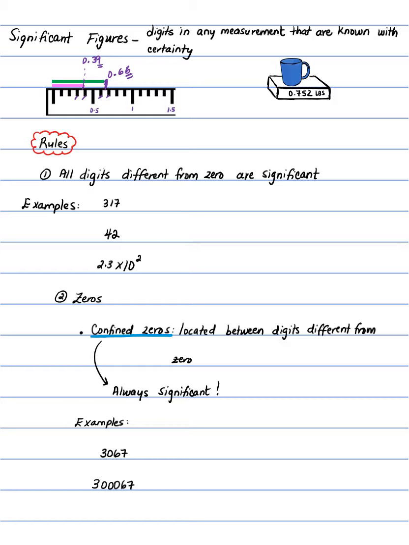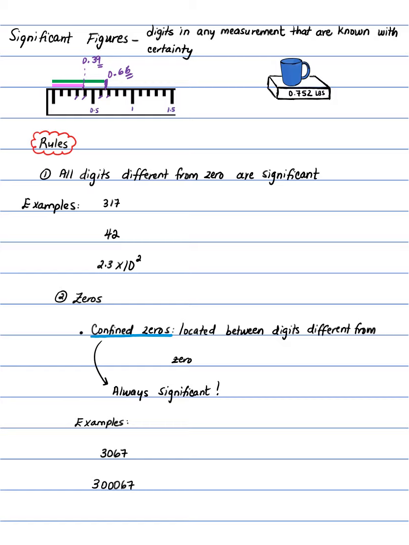My last digit right there, 0.752, the last one is the one that carries the error in that measurement. But for both examples, on the first one, both numbers are significant. The 0.39, those two digits are significant. 0.66, those two digits are significant. When we look at the measurement on the right side for the mass balance, we have a 0 and then we have 0.752.